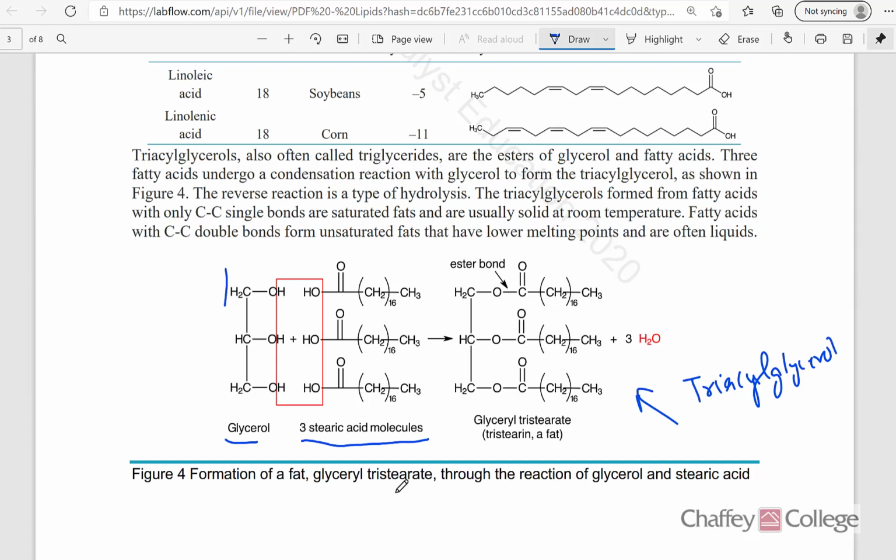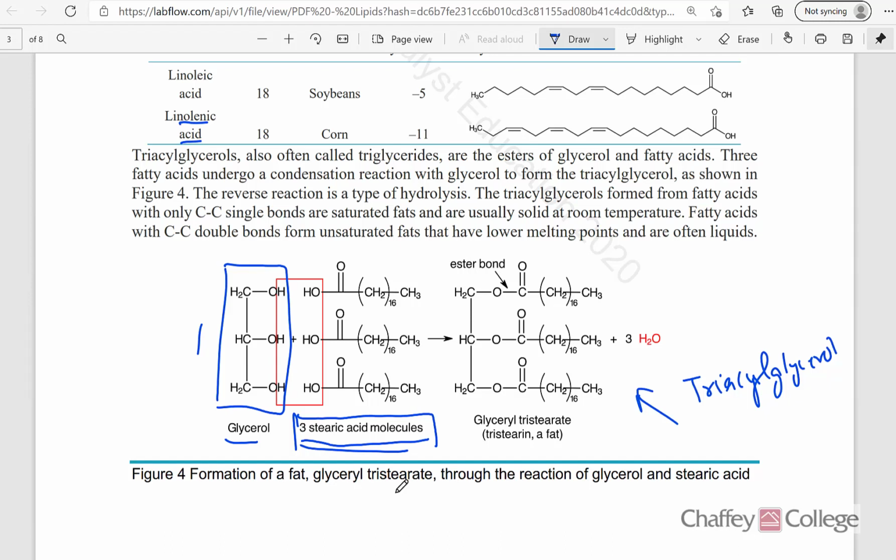In this reaction we have a glycerol molecule, which is shown here, and one glycerol molecule reacts with 3 fatty acid molecules. In this example we are using stearic acid, but it could be any other fatty acid also. It could be lauric acid, myristic acid, or even linoleic acid. Any acid can be present.